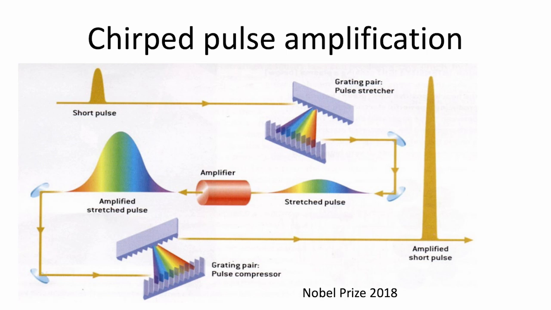After the pulse has been amplified, it has to be recompressed. So now you have a different situation where not only do you want to keep your pulse short, but actually you want to broaden it and then afterwards recompress it perfectly.